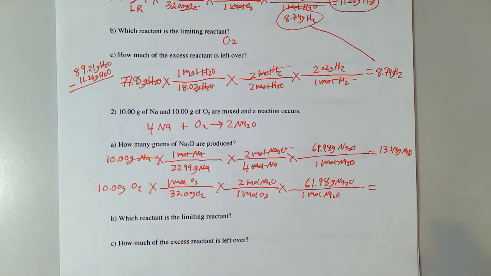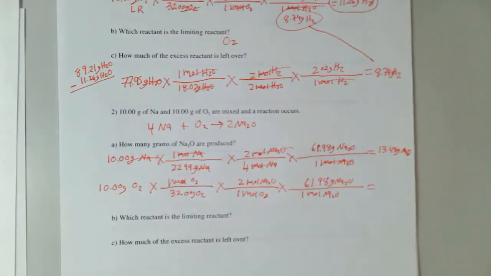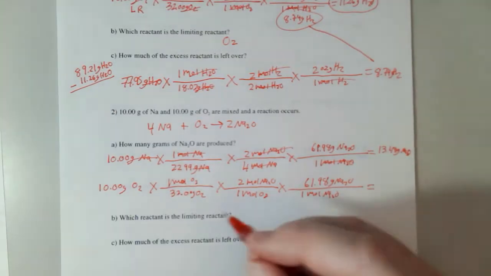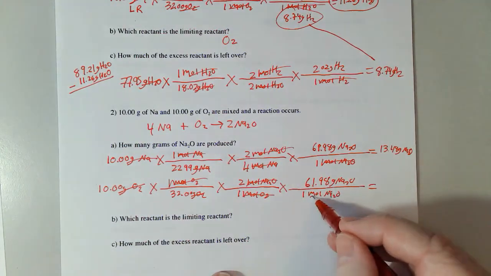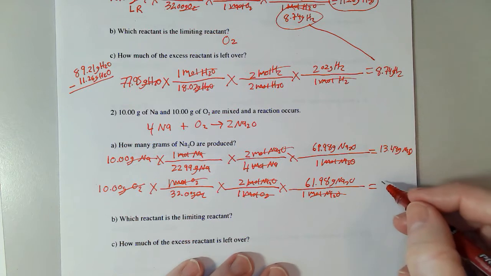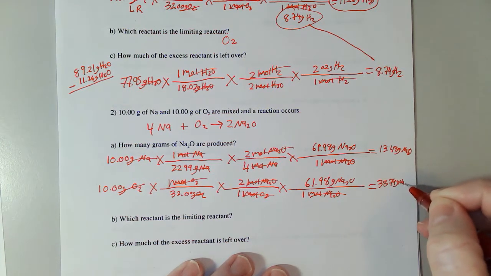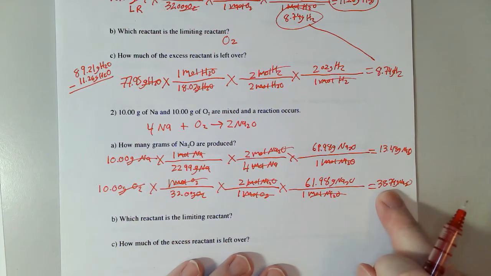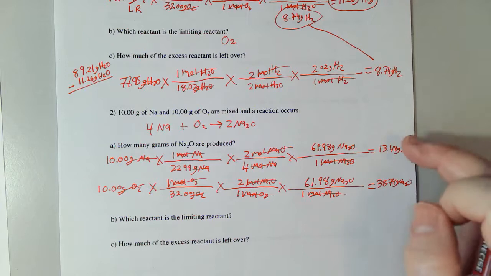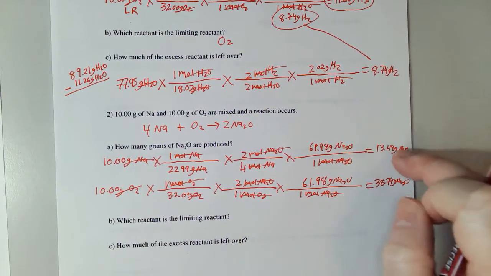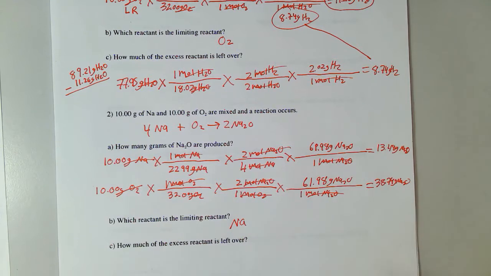I'm not doing those in my head, folks. I added them up. I worked it out earlier. So these cancel. These cancel. These cancel. And that equals 38.74 grams Na2O. Well, I can't make that much. I mean, 10 grams and 10 grams is not going to make almost 40. This is the smaller number. The smaller number comes from the limiting reactant. So the limiting reactant is sodium.